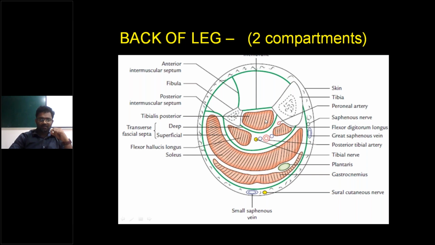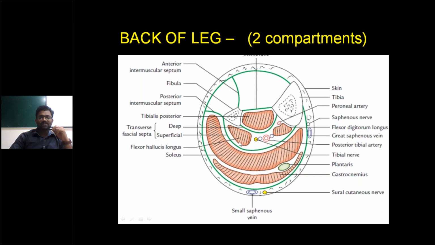Here this is the tibia and fibula. The posterior compartment or flexor compartment of the leg is divided by the superficial and deep transverse fascial septum into two compartments, superficial and deep. The superficial compartment contains gastrocnemius, plantaris and soleus muscle.